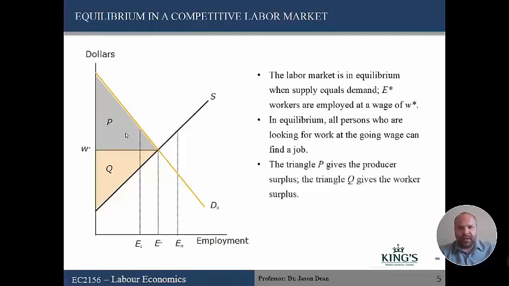The triangle P gives the producer surplus, and the triangle Q gives the worker surplus. Okay? And so clearly a market will produce the maximum surplus. Okay, you can't get any better than this.